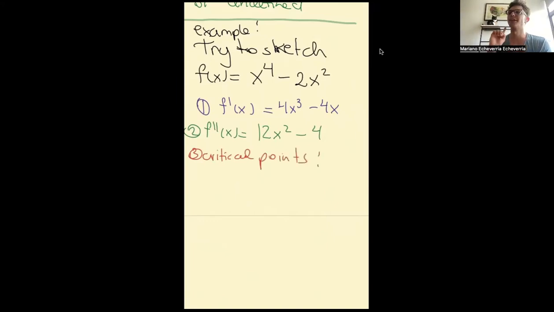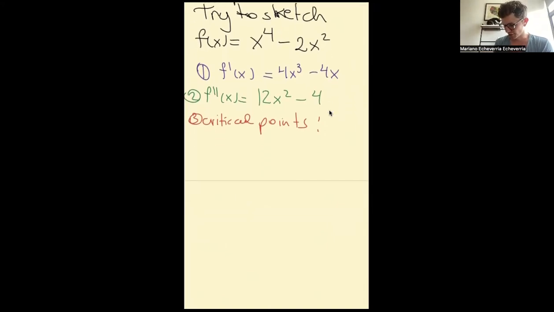Now you have to be careful. This is actually a good example because the algebra is not too complicated, but it's easy to forget certain solutions. The critical points are where the first derivative is 0. If you factorize, the philosophy is you should factorize as much as possible. What you can factorize here is a 4x.